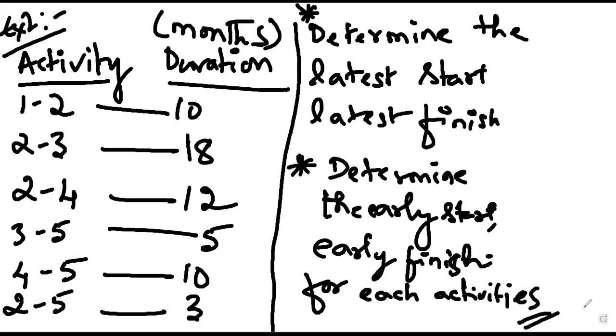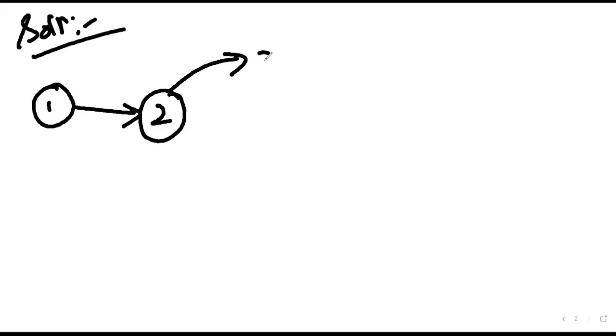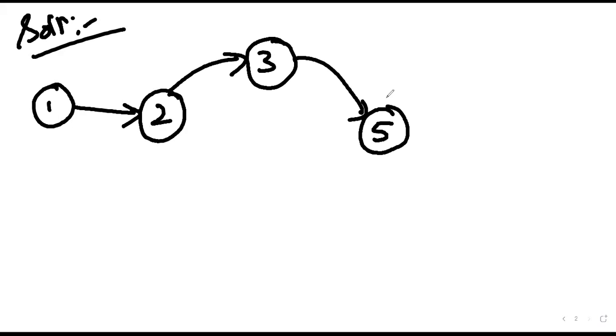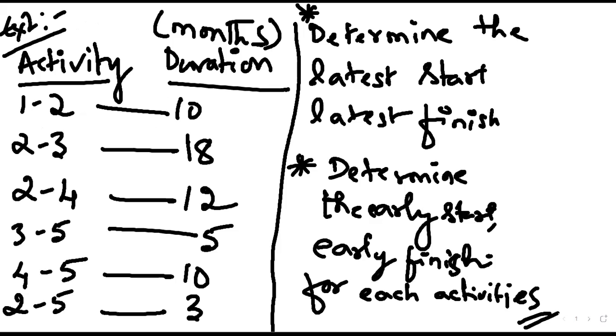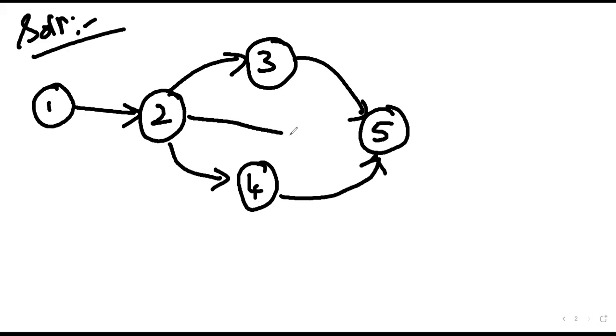Okay, so I'm just going to the next screen. We'll start with the solution. One to two, two to three, and 3 to 5. And similarly, we have 2-4 and 4-5. And finally, we have a new activity that is 2-5.